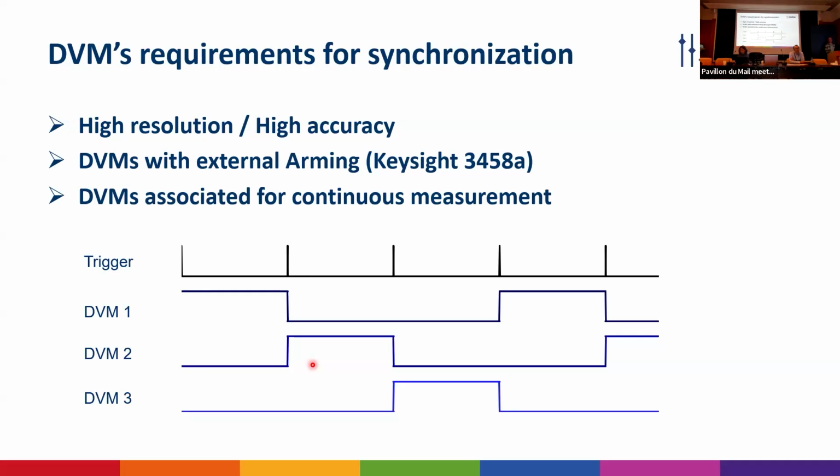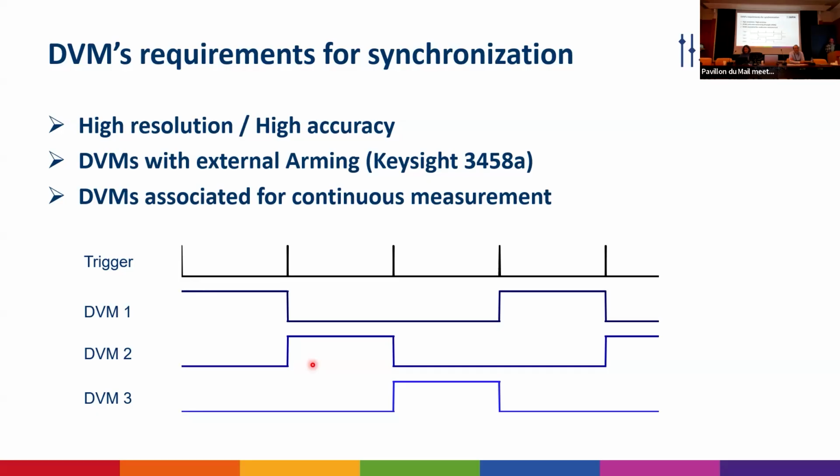And then you can expect from this kind of system a delay between the arming and the measurement at the 100, 200 nanoseconds level, which is enough for our purpose here. I remind you this is below 1 microsecond typically.